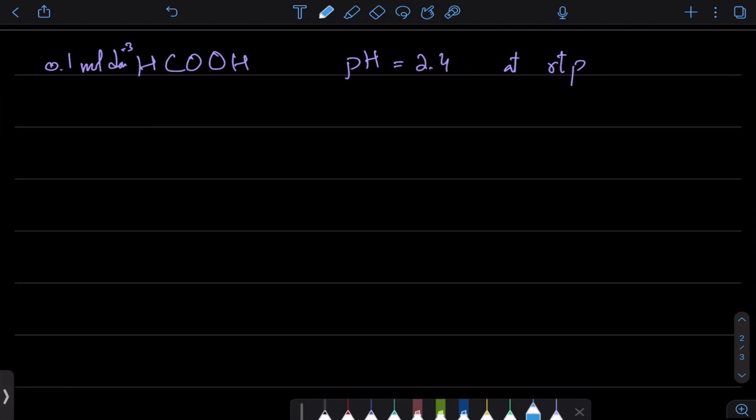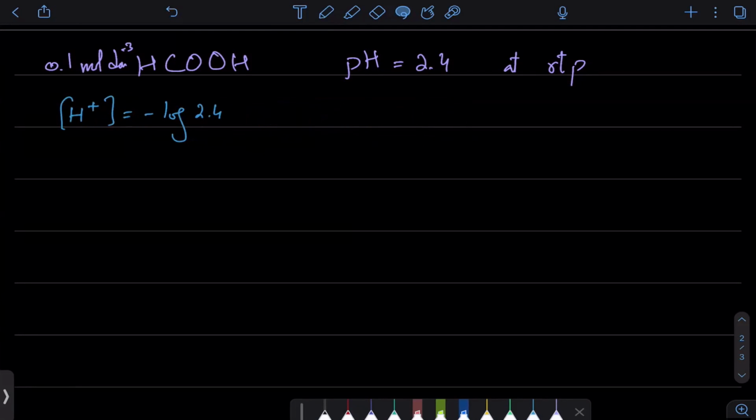Let's say I want to figure out the Ka for this. Now the pH is telling me about the concentration of H positive.